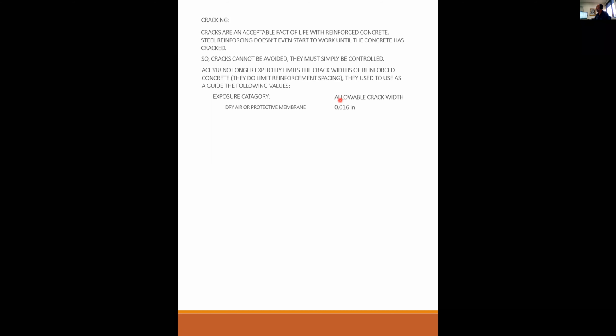So the thickness of that L, at least on my screen, is already beyond the allowable crack width for dry air or a protective membrane. Okay, does that make sense?